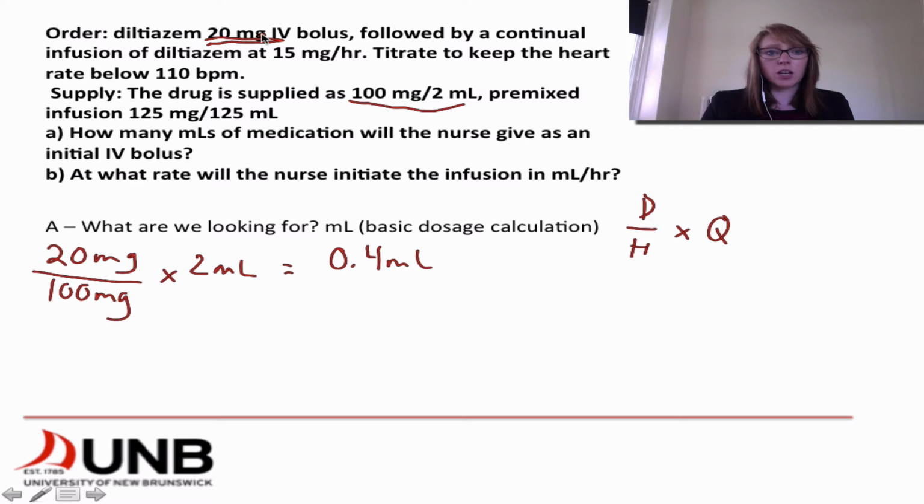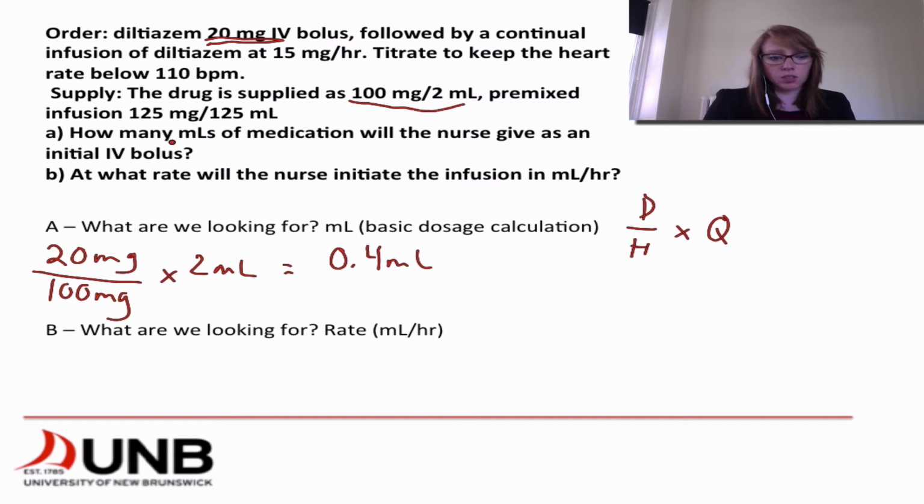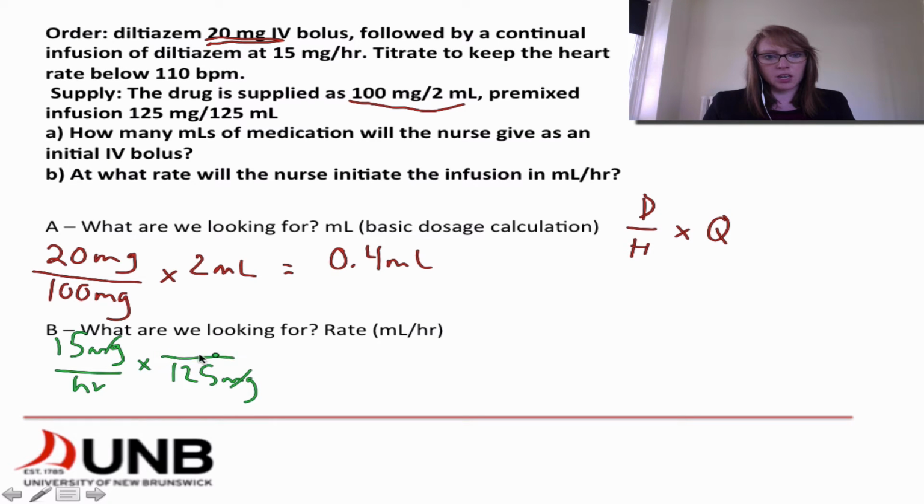So the next question, at what rate will the nurse initiate the infusion? We know rate is in mL per hour, so that's exactly what we're looking for. So we want to be giving 15 milligrams per hour, so let's draw this out. If we want to give 15 milligrams per hour, and we know that we have 125 milligrams, and we put that down here because we're going to cancel out our units, in 125 mL.